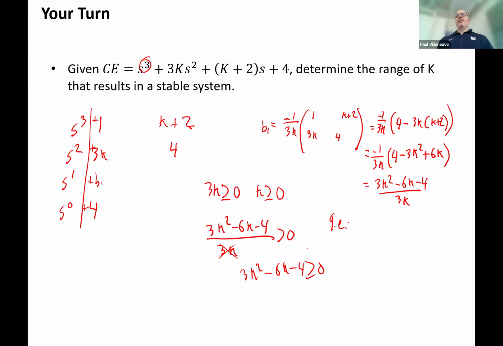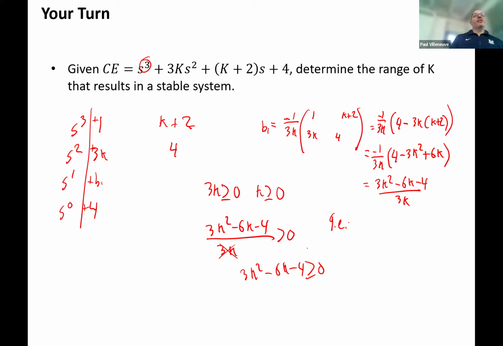I don't think that it's illegal. It's just that why would you do all this extra algebra? If you have it in a form right here, you can just do quadratic equation. Because if you factor out K, then have K times 3K minus 6 greater or equal to 4.